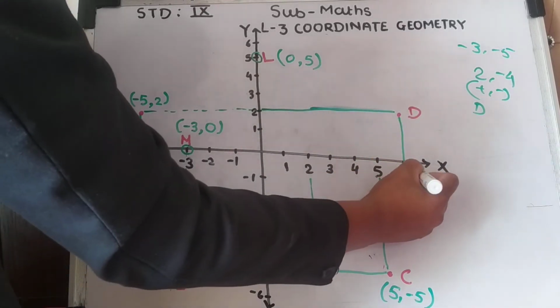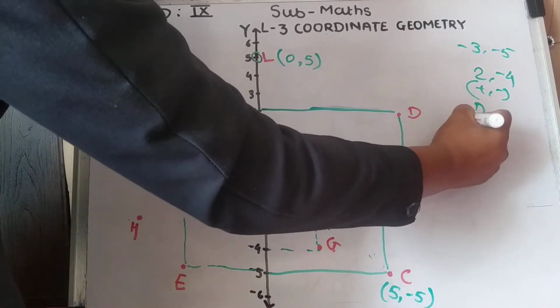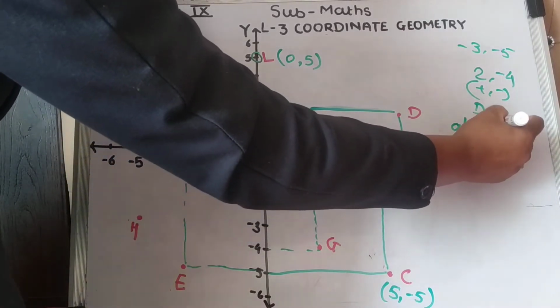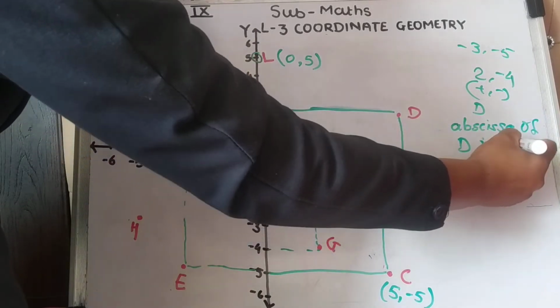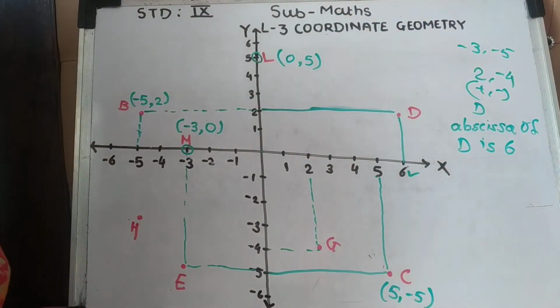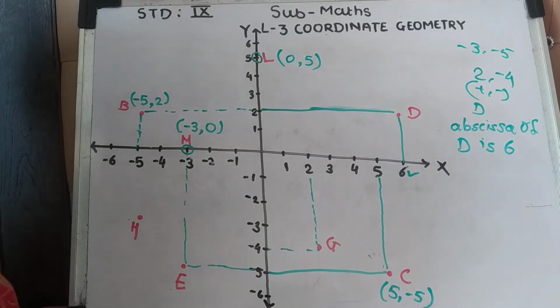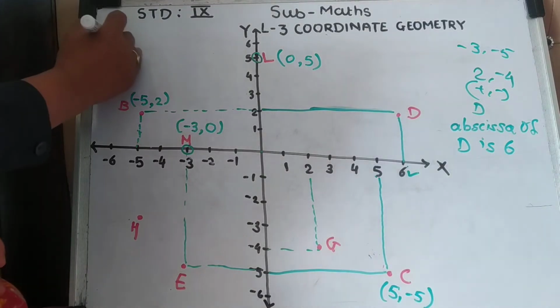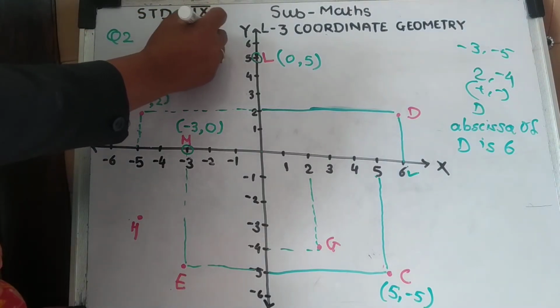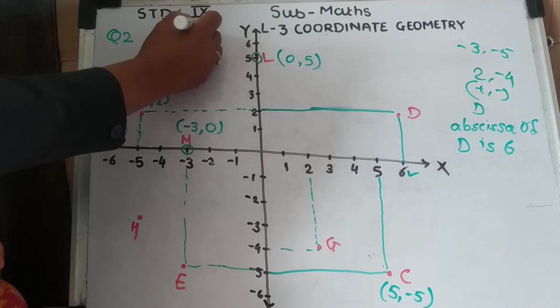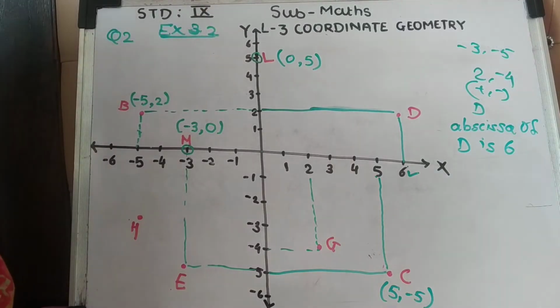That is x. So the abscissa of D is 6. Likewise the answer is expected. Understood how to write the coordinates? So we have solved question number 2 from exercise 3.2.